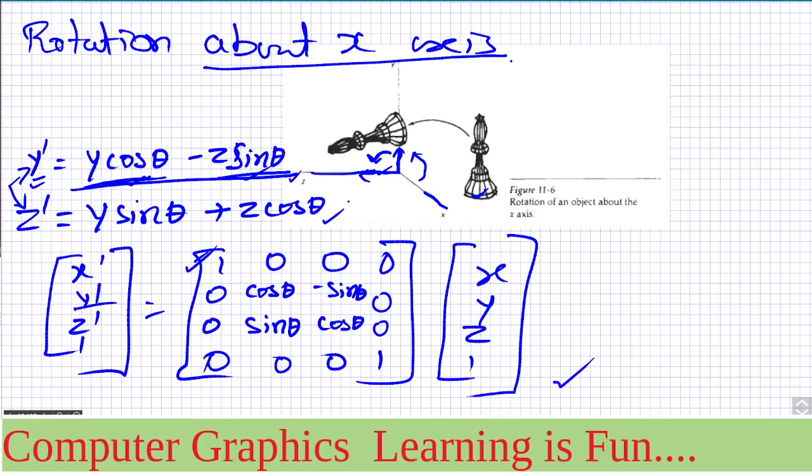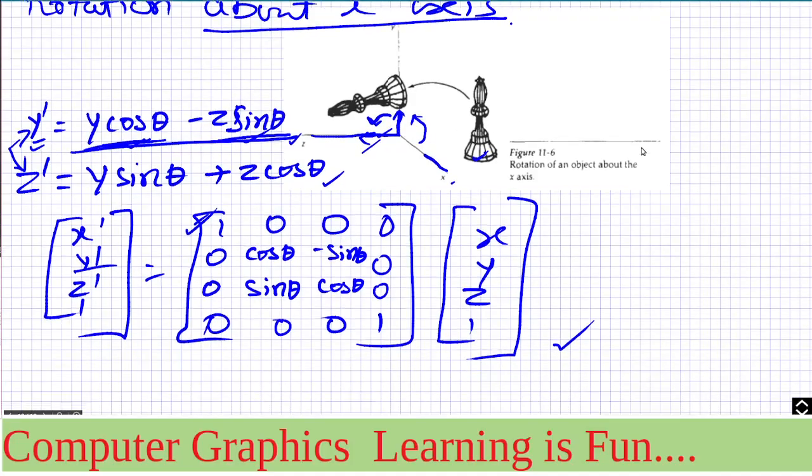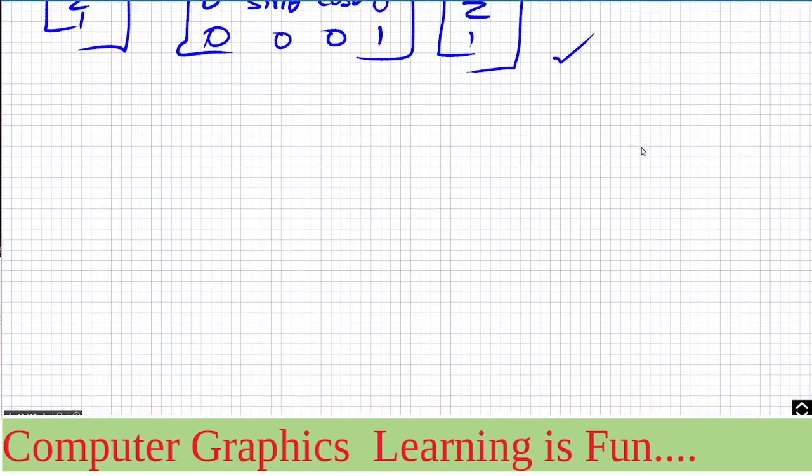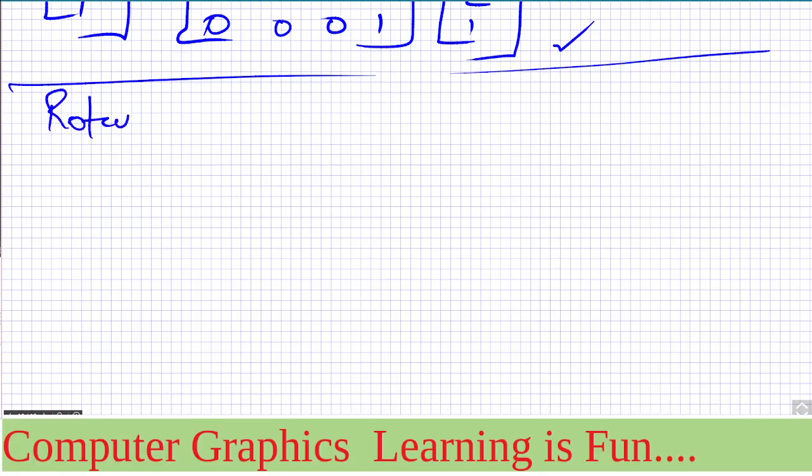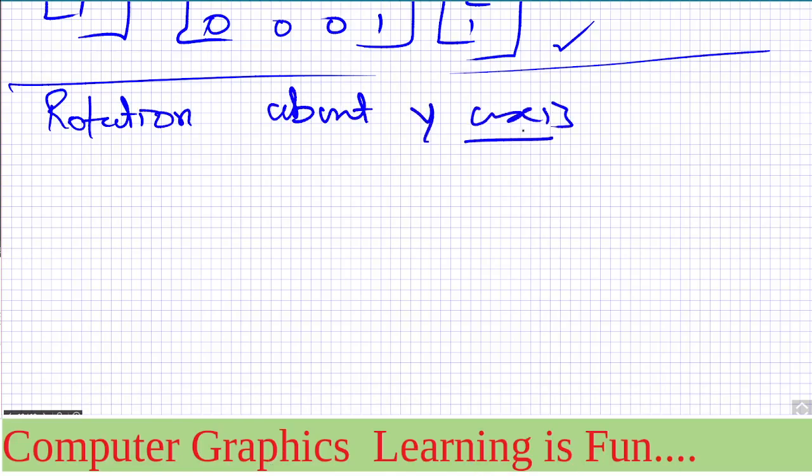So in this way, what will happen? X will remain constant. However, this rotation is about x axis, so y and z values will definitely change. The next thing will be rotation about y axis, right?